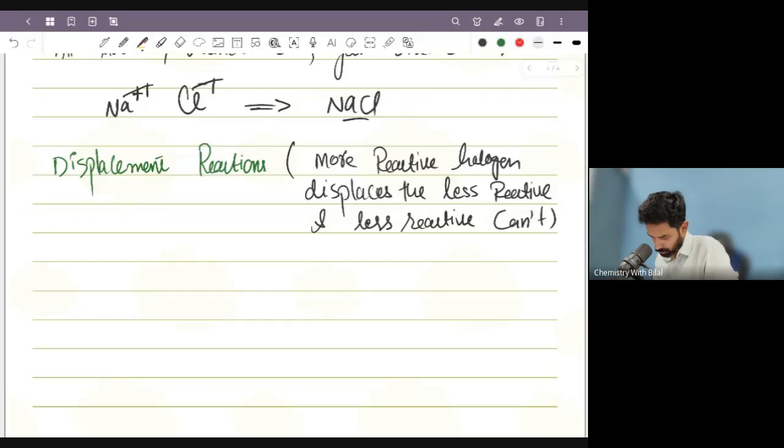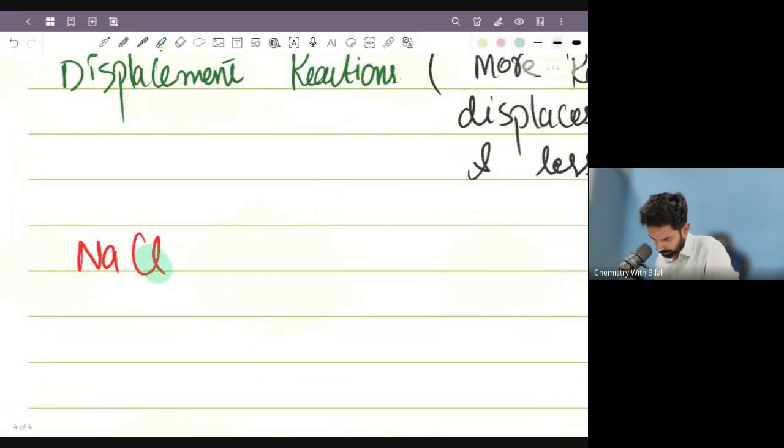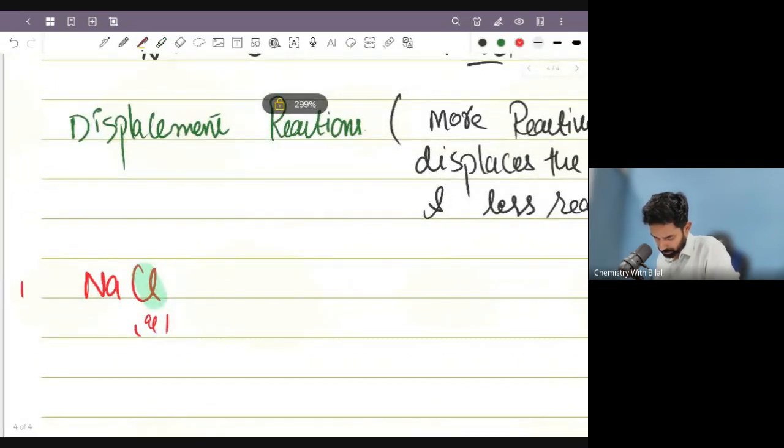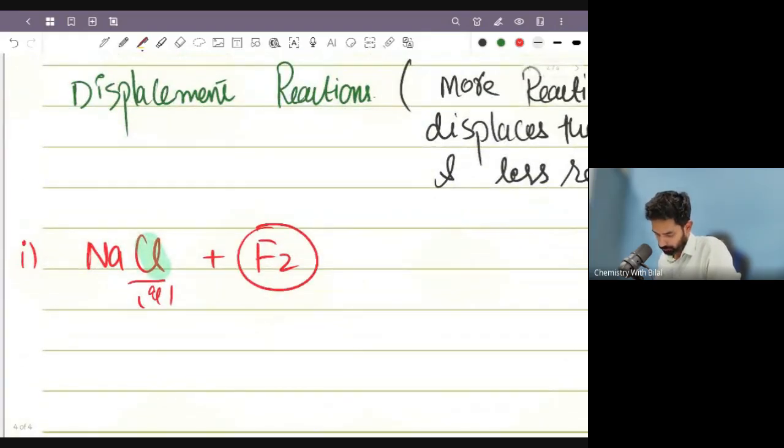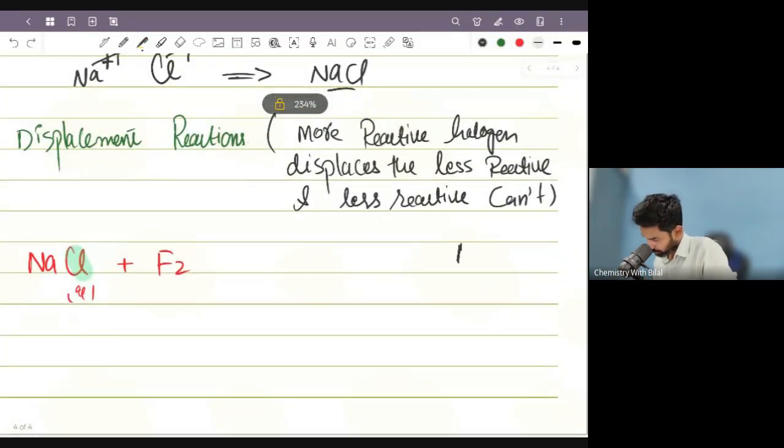Let's say you have sodium chloride. आपके पास जो halogen है वो chlorine, और ये aqueous है. Aqueous solution की बात हो रही है. Let's imagine you react it with fluorine. Now fluorine is F2. जब कोई अकेला लिखा हुआ है तो वो diatomic है, जब bonded form में तो जो भी formula बनेगा. Let's react with fluorine. Now you know that the order is fluorine ऊपर है, chlorine नीचे है, फिर bromine और फिर iodine, right? अकेले लिख लें, naturally room temperature पे diatomic.